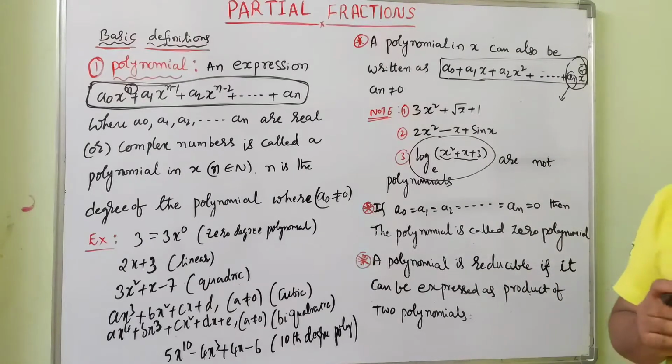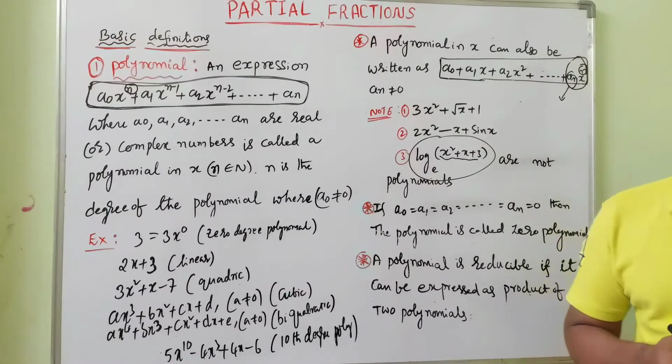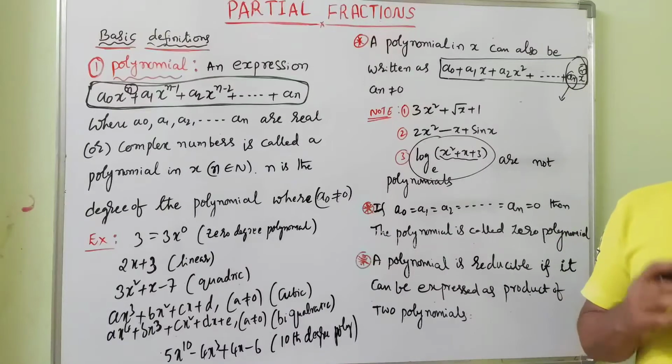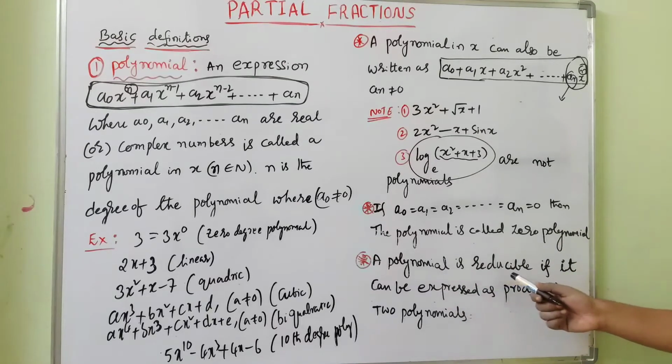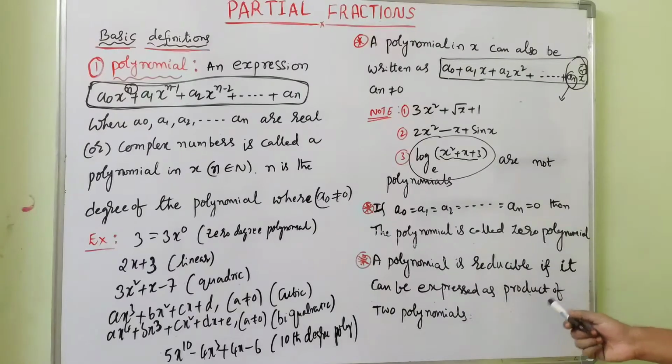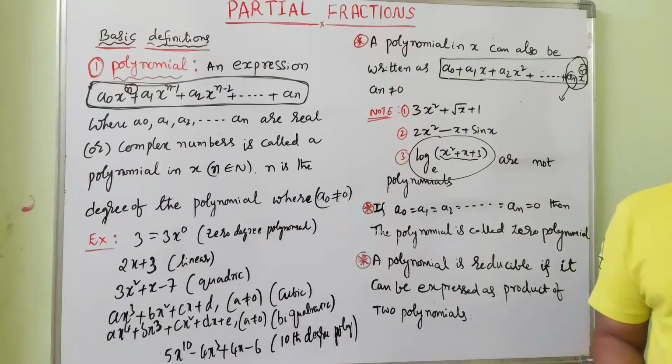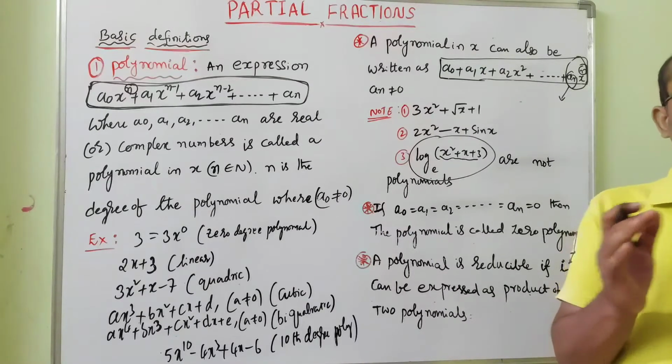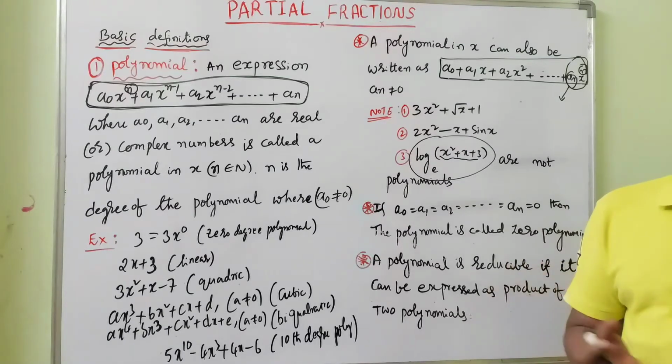Now, let us discuss one more point: when a polynomial is said to be a reducible polynomial. A polynomial is said to be reducible if it can be expressed as a product of two polynomials. If any polynomial is expressed as a product of two polynomials, then that polynomial is called a reducible polynomial.